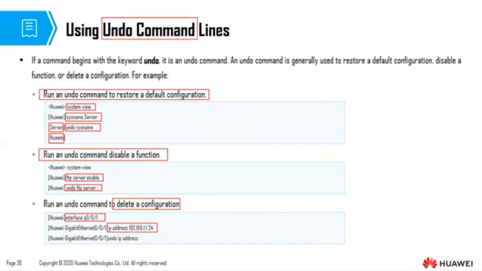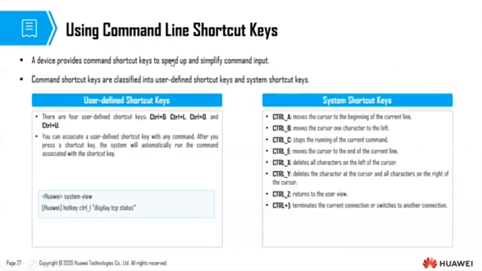You can just use the same command and type the correct IP address, or you can remove that IP address by using the undo command. So you just type undo IP address, and it's going to delete that IP address. So I hope you've seen the few ways in which you can use the undo command to undo certain configurations.